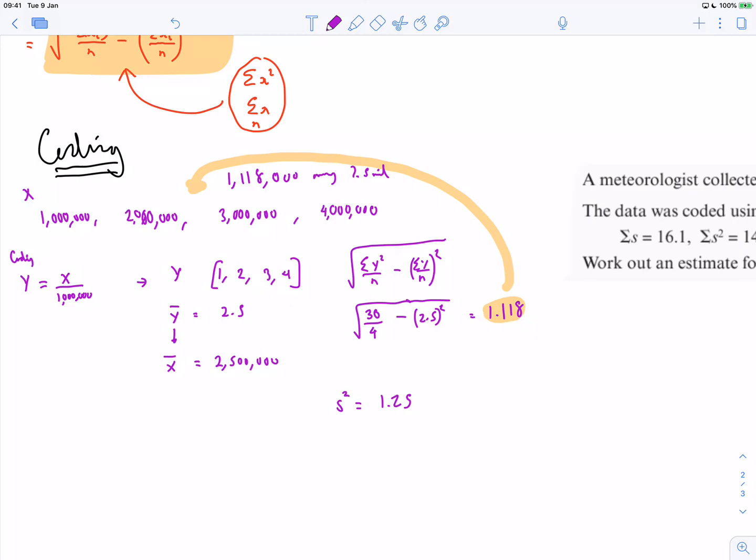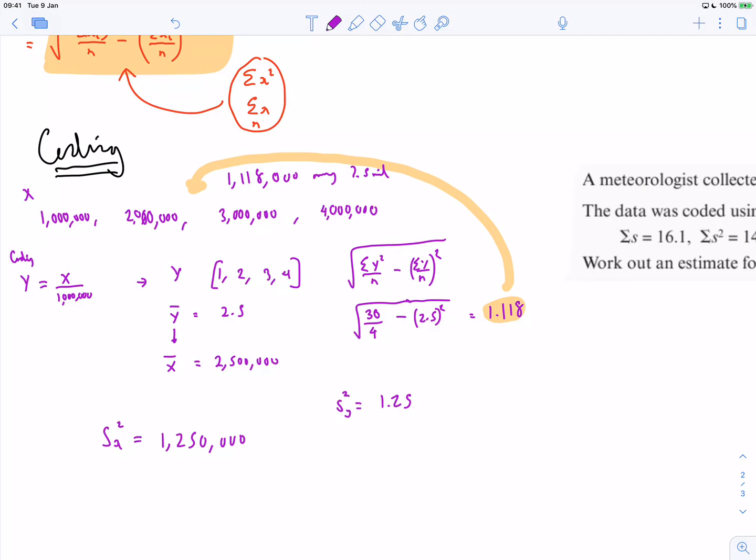1.25. Now notice, look what happened if I just had the variance. If I times that variance by 1,000,000, I will get 1,250,000. And then think about it. Let's suppose the variance of y, which I'll call sy squared, and this is sx squared.